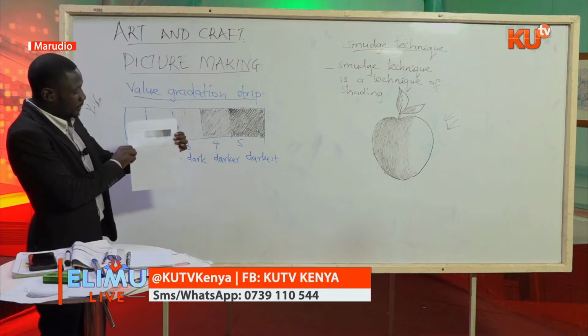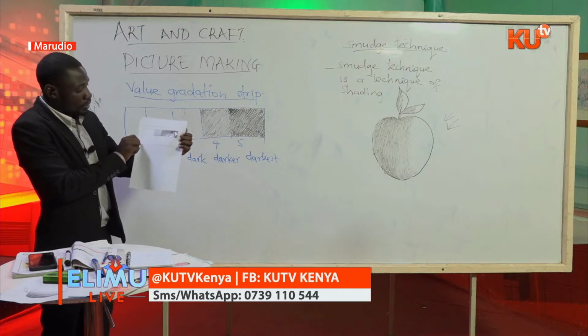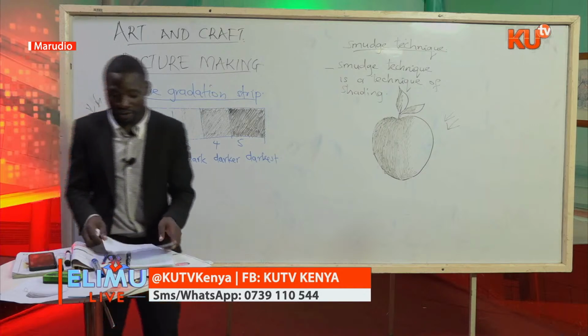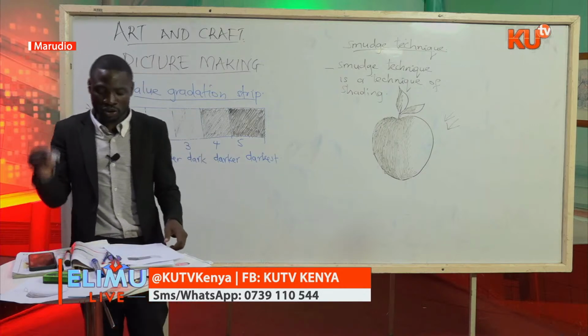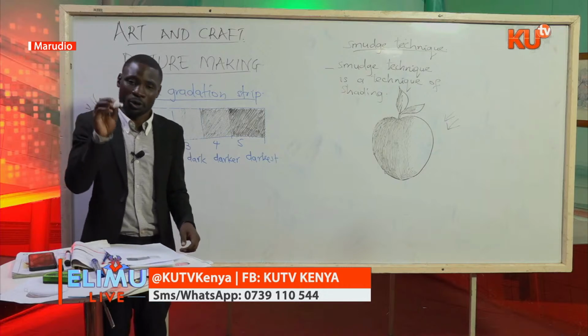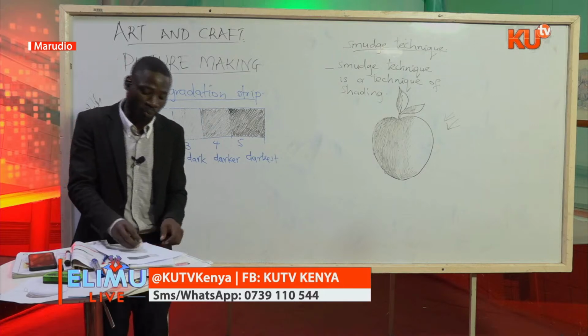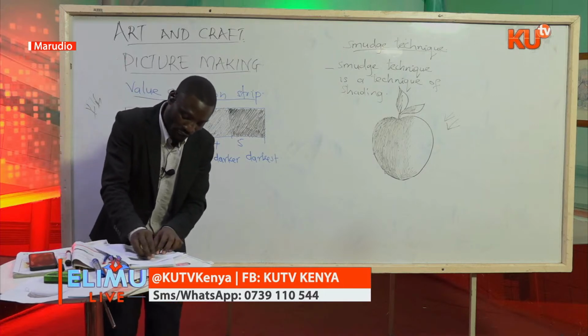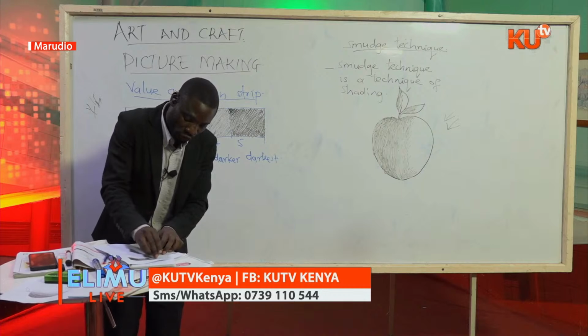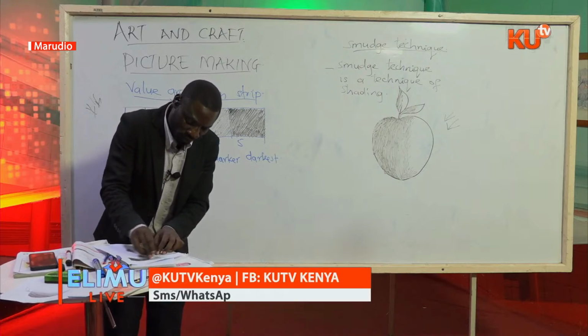So we are here, as you can see. And I said that we are going to use a piece of paper or a piece of cloth that is soft to spread our shading, so that the value or the shading is uniform.